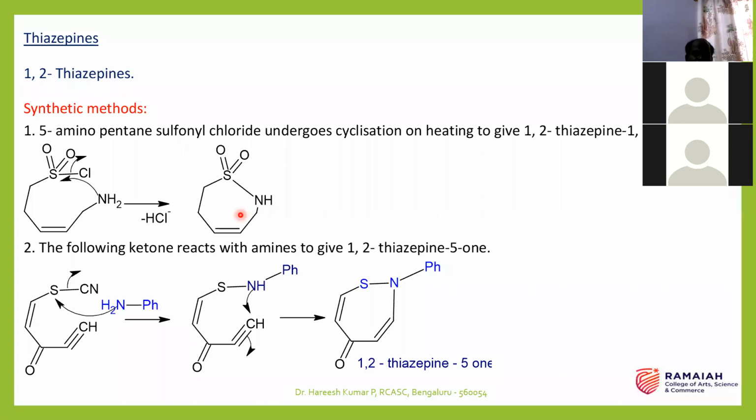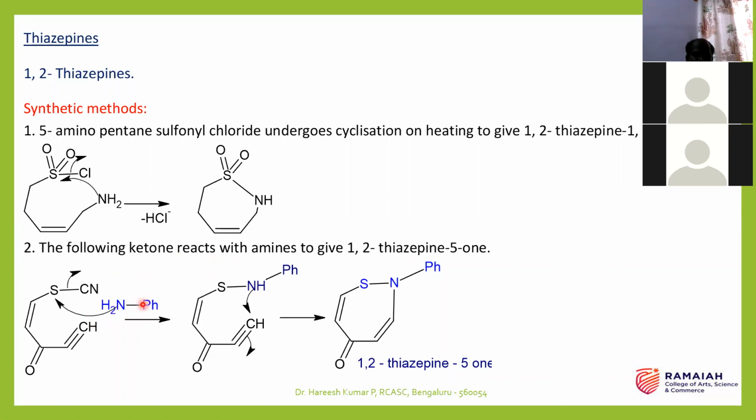Thiazepines are also possible to prepare starting with a ketone. So what is happening here?